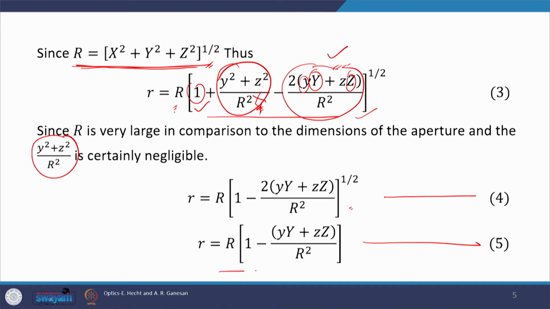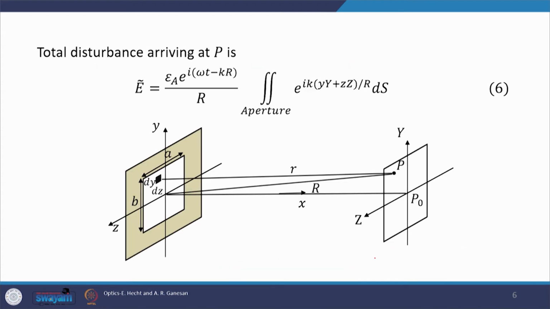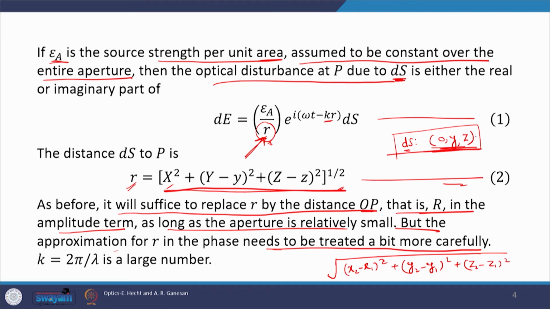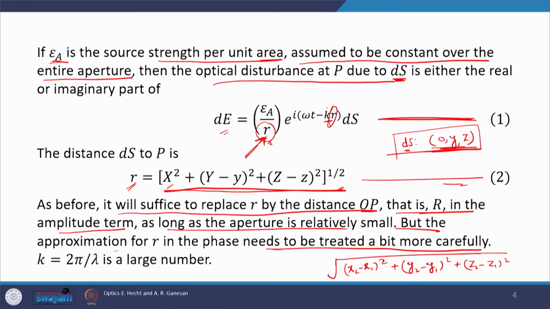Now, once the expression of r is known, we will substitute it into the expression of disturbance. What is the expression for disturbance? This is equation number 1. This is the expression for disturbance, which is contributed by lights which are getting emanated from area element ds, and they are reaching at point of observation P. We will substitute here the expression of r which we just calculated, and then integrate over the entire area of the aperture, this random size aperture.